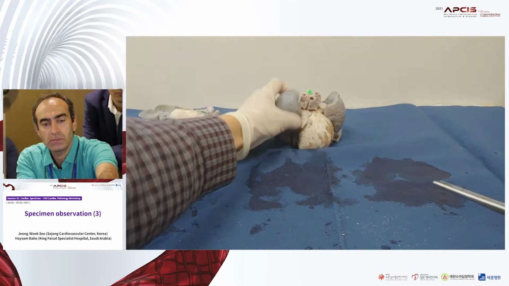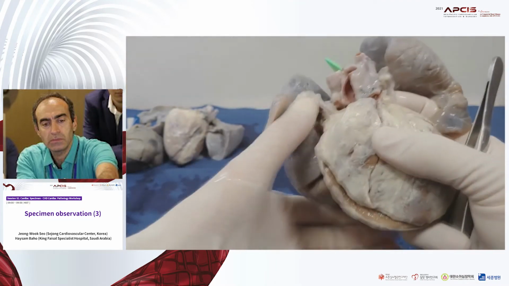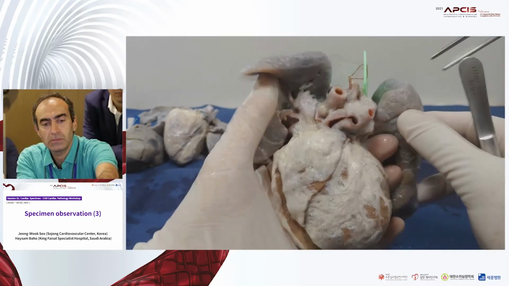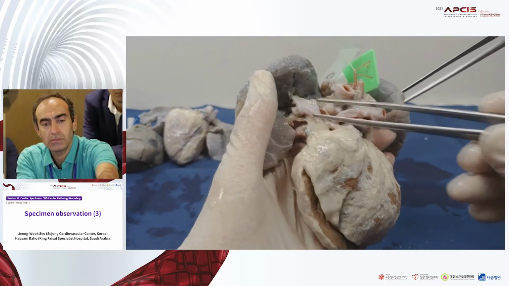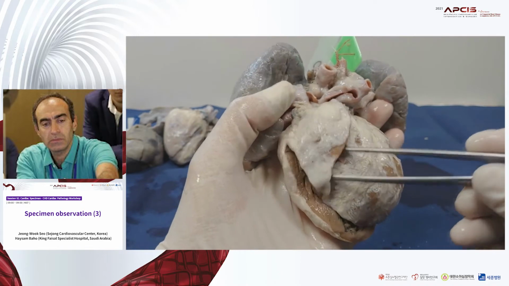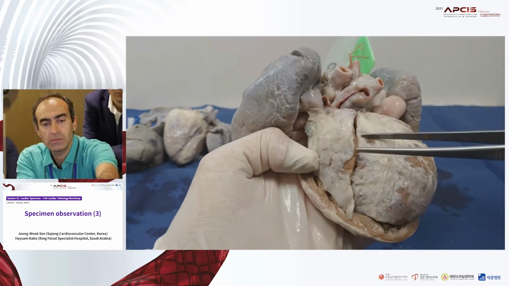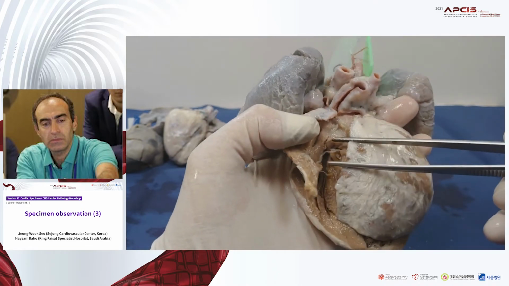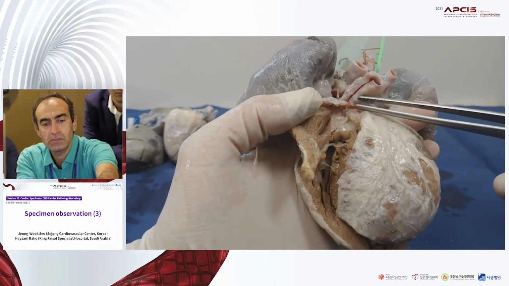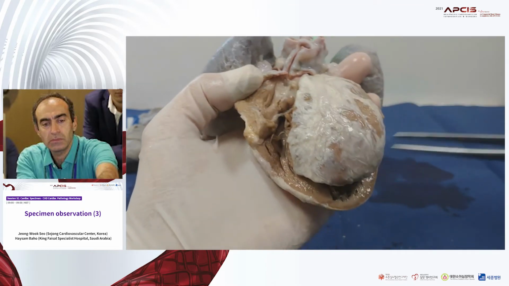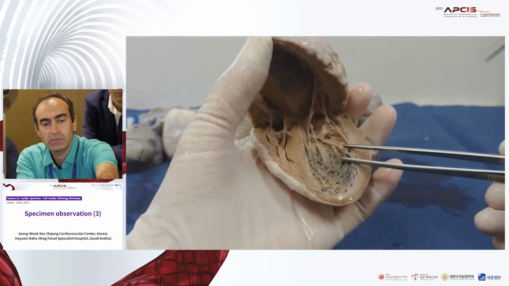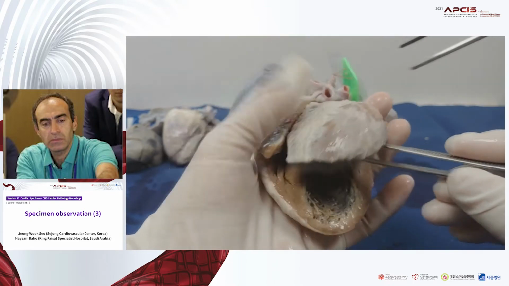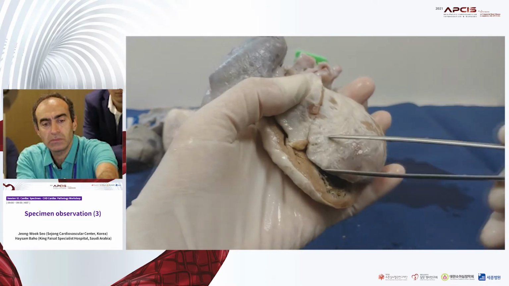And that brings us to the next specimen, which is a successful switch operation in a patient with transposition of the great arteries. So here's the right atrium, and this is the right ventricle, normal arrangement. The right ventricle was connected to an ascending aorta previously. And on the left, we see the left ventricle connected previously to a pulmonary trunk.